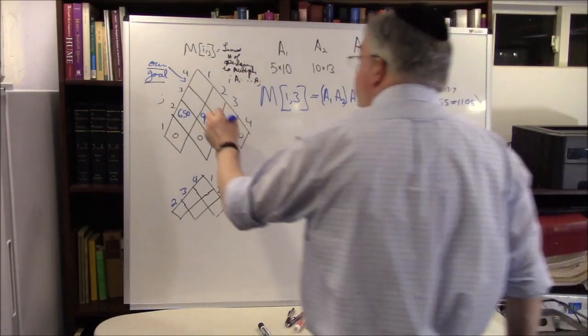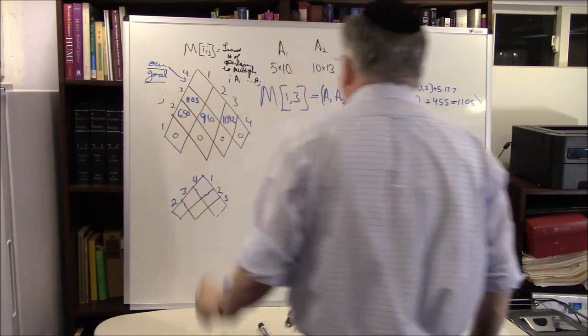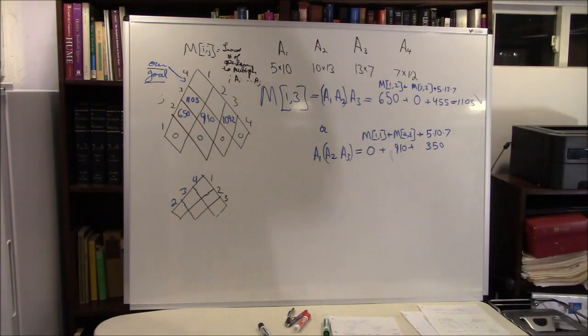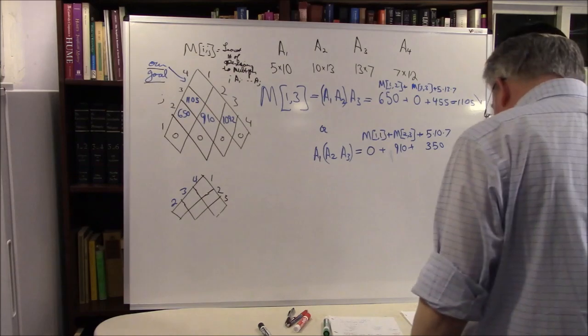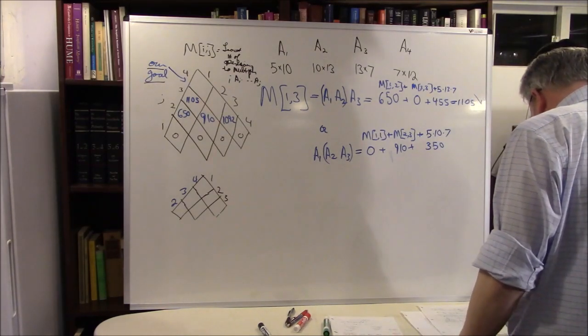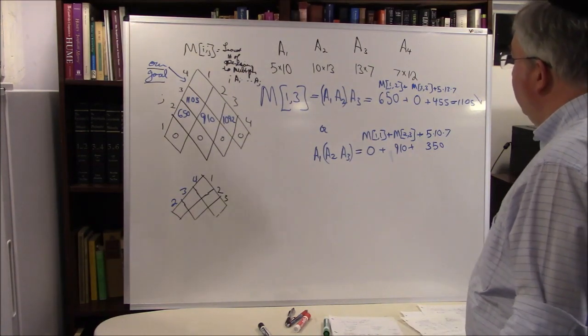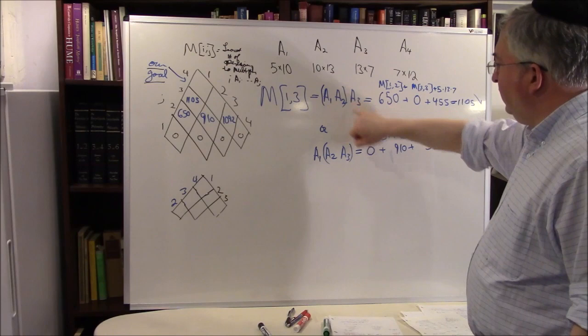So the 1-3 position is 1105. Okay? And what we have to say is as follows. Don't move. We're going to multiply right in front of the 3.